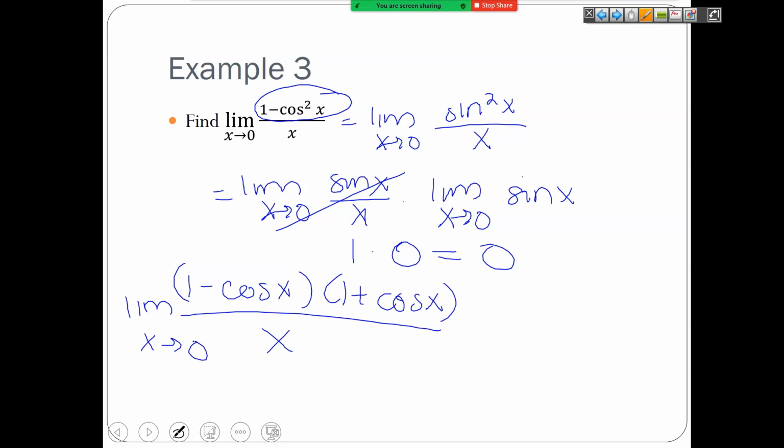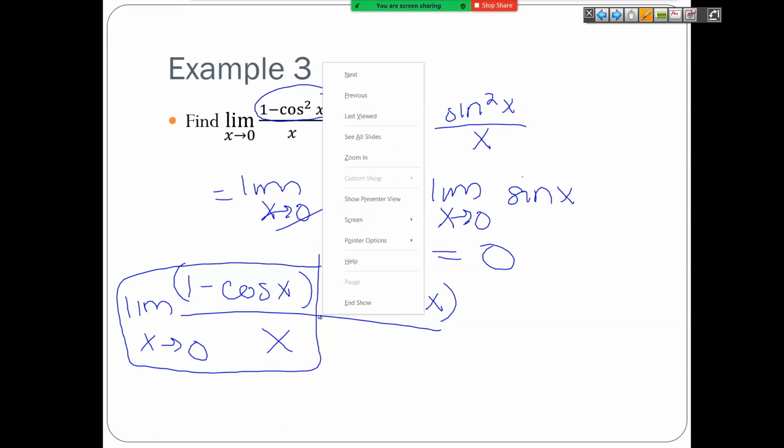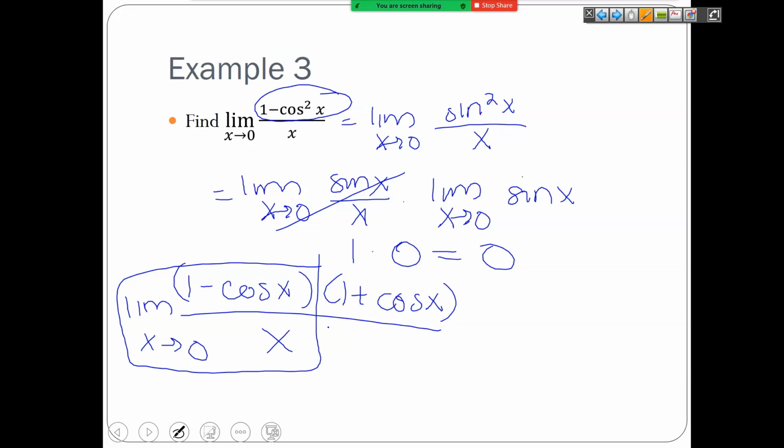And then that became my rule on the front for the cosines, where it was 1 minus cosine x over x, which is 0. And I thought if this is the limit as x approaches 0 of that, times the limit as x approaches 0 of this, and again, you still end up getting 0 times 2, which is still 0.